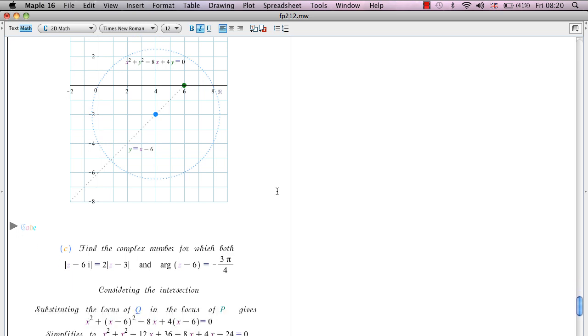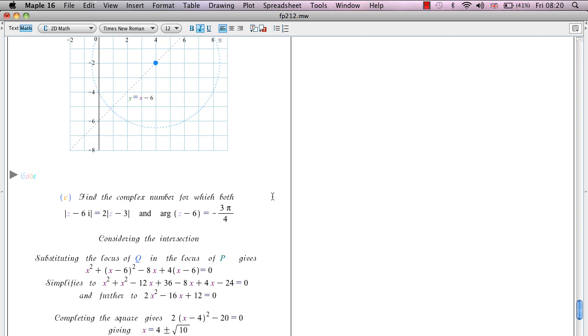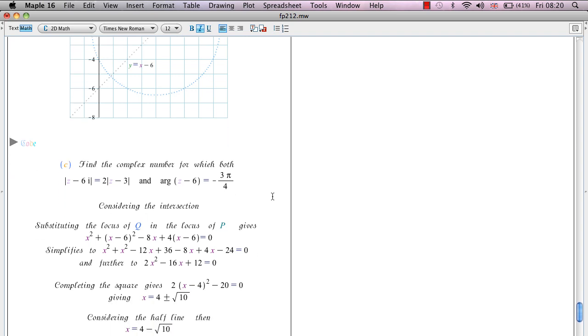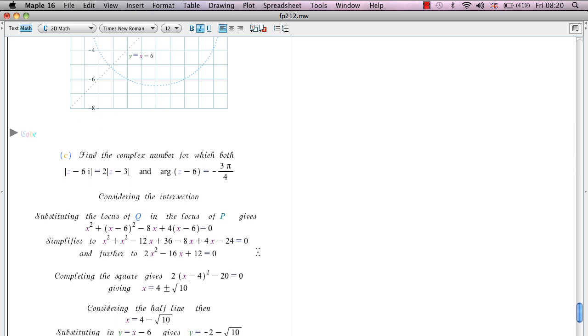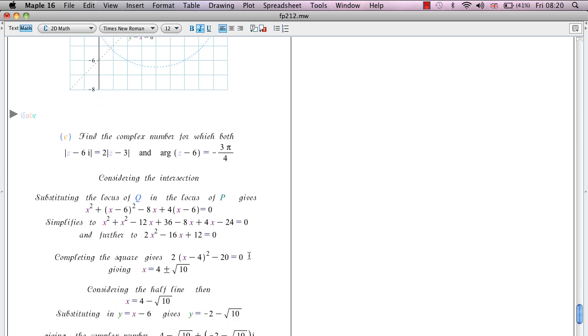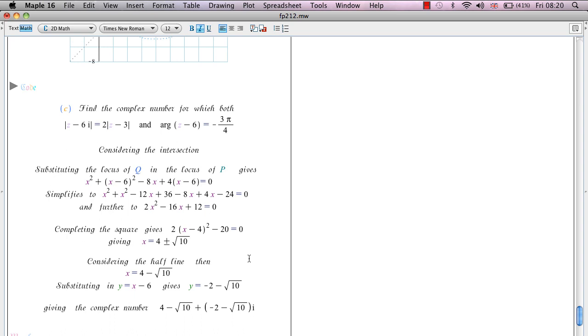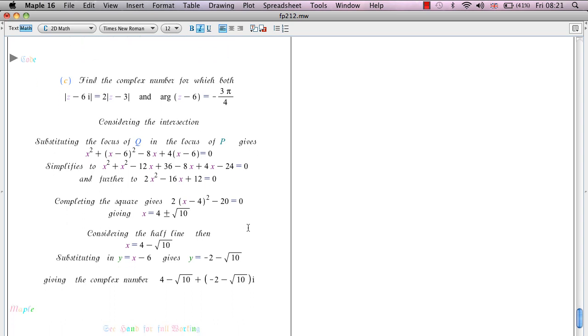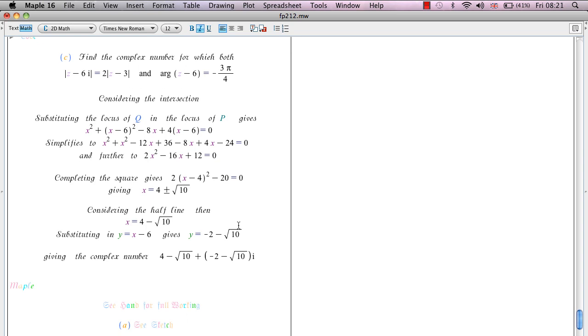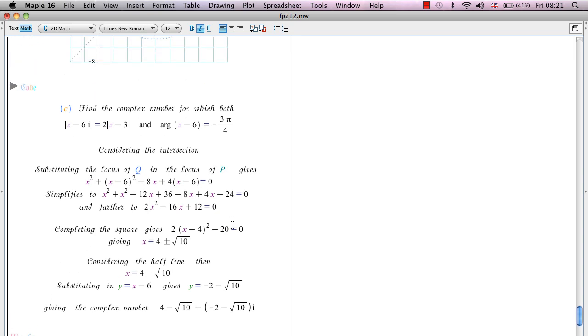So for the complex number for which both are satisfied, considering they will intersect, then substituting x minus 6 into the circle gives a quadratic, and solving gives x as 4 plus or minus root 10.